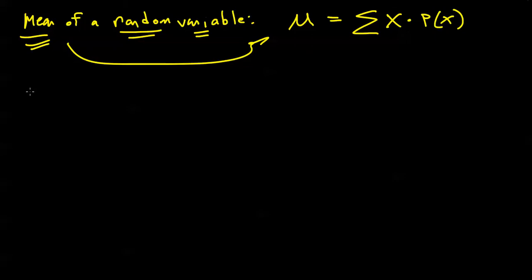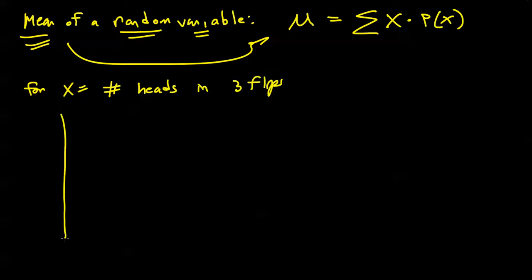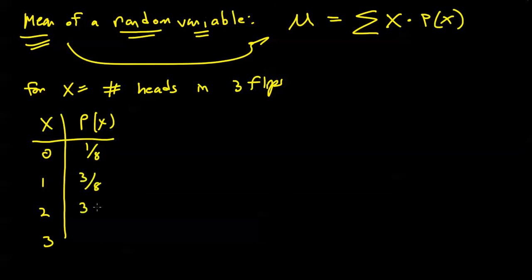Let's do an example. For x equal the number of heads in 3 flips. Well, let me copy down that previously computed probability distribution. Well, p of x was 1/8, 3/8, 3/8, and 1/8.